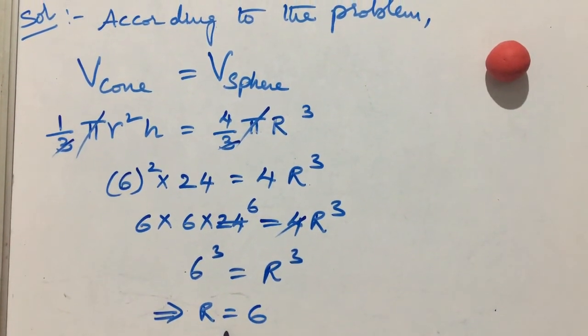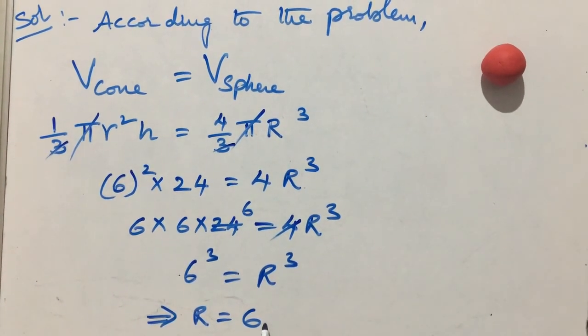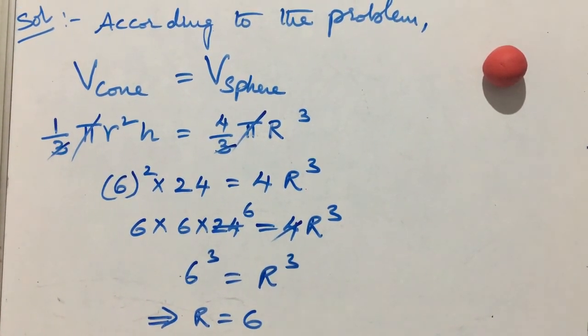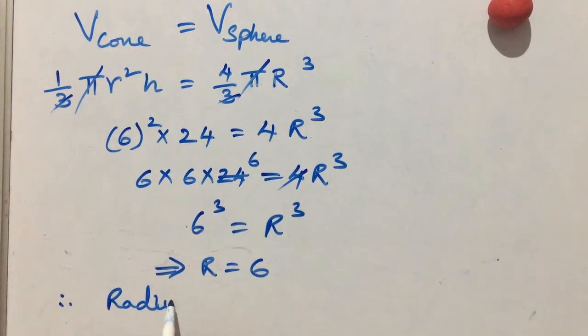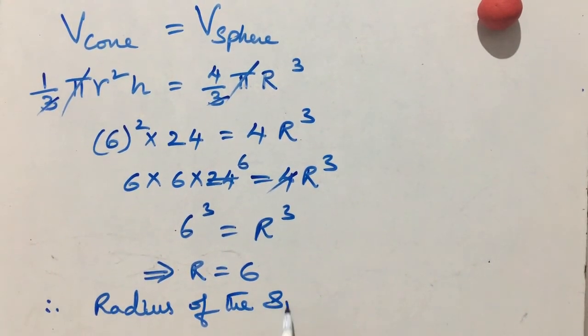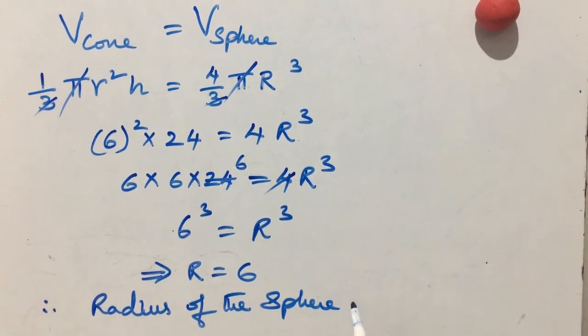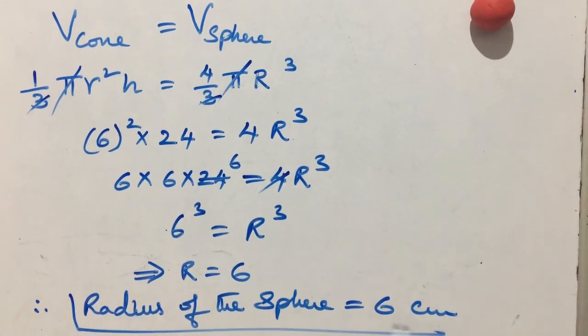What is this capital R? It is nothing but the radius of the sphere. Along with the units you have to mention. Therefore, radius of the sphere is six centimeters. Make it as a box.